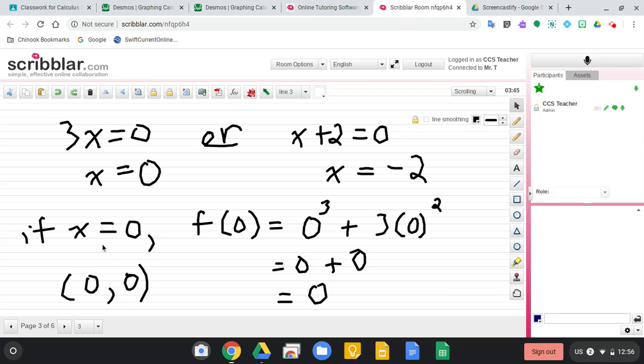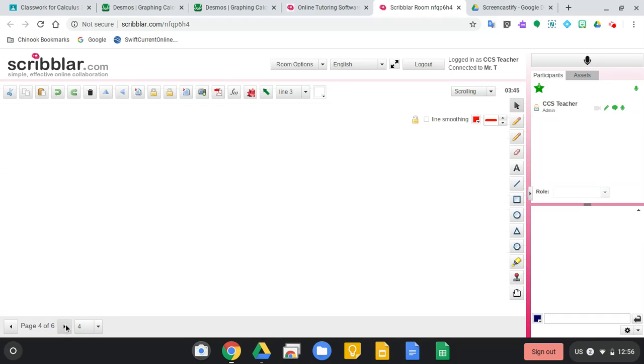My x value was 0. I had an x value at 0, and I had an x value at minus 2.